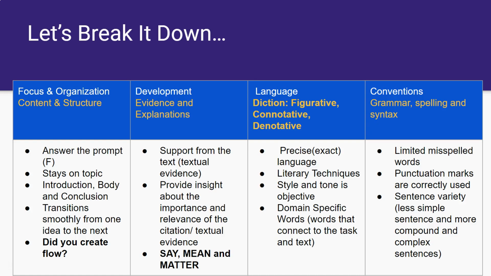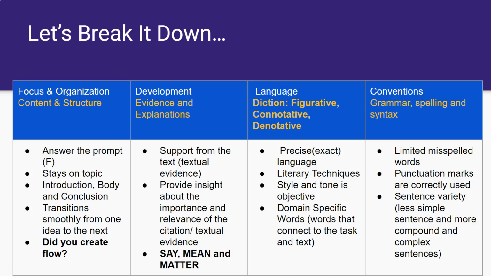The first thing is you have to answer the prompt. So I will show you an example of a prompt later on in this video, but you need to answer it. That will help you to stay on task, which is the second bullet point. You must stay on topic. You must have an introduction, a body, and conclusion.